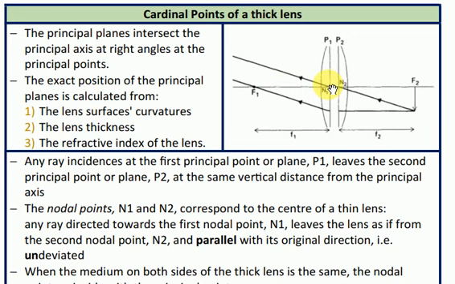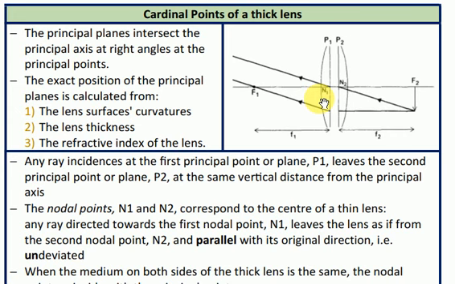The exact position of the principal point is calculated from the curvature of the lens surface, the lens thickness and the refractive index of the lens material. It will tell us the exact position of the principal point.